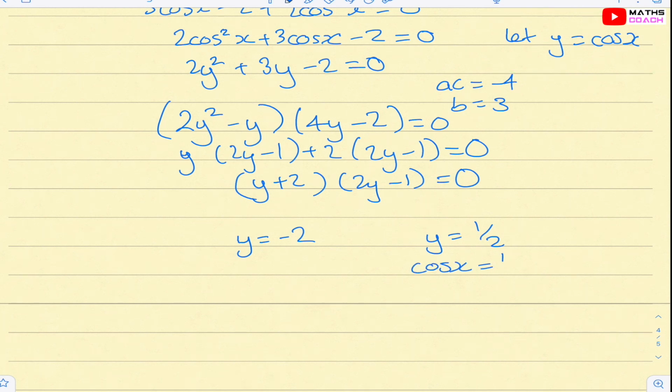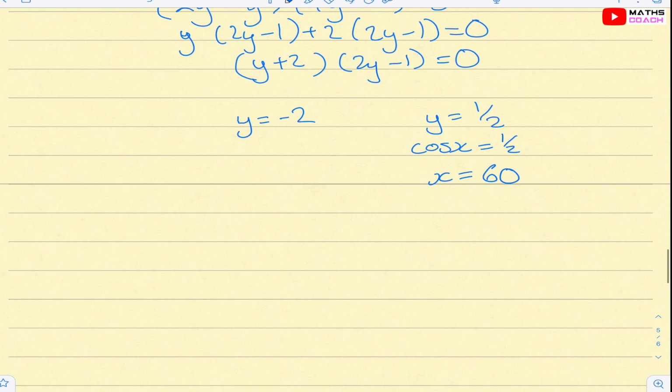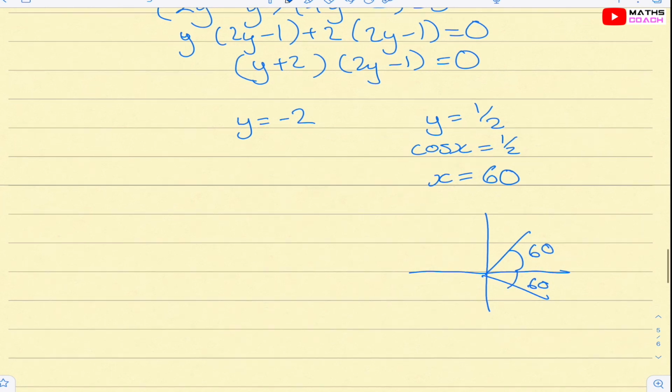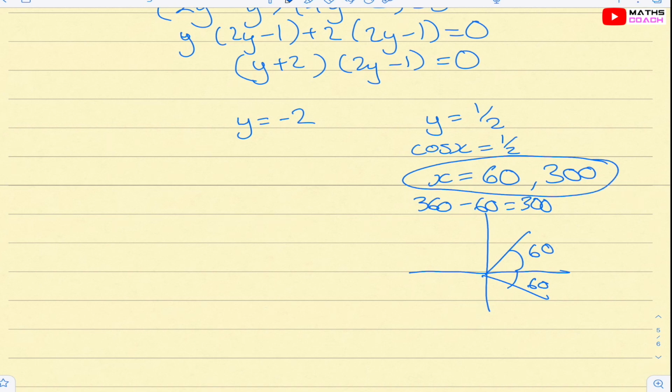So cos x equals 1/2. So x equals the inverse of cos, which is just 60. Using our CAST diagram, we know that cosine is positive in these two quadrants. So 60 and 60 here. So our second solution is going to be 360 minus 60, which is 300. So our two solutions are 60 and 300.